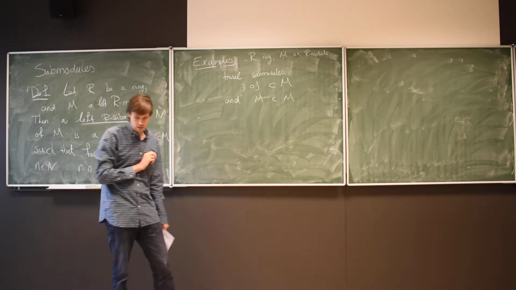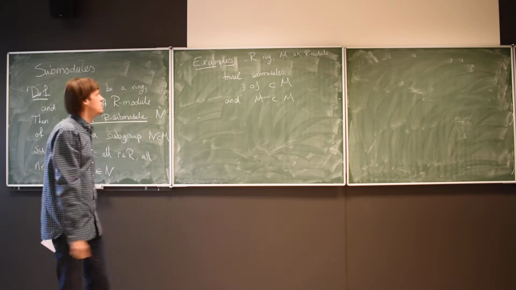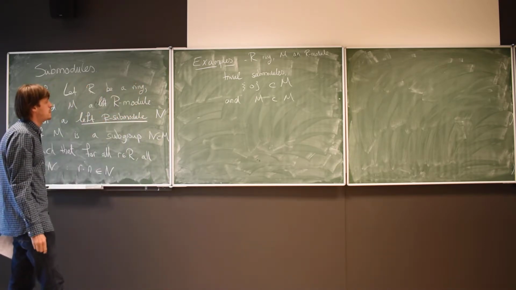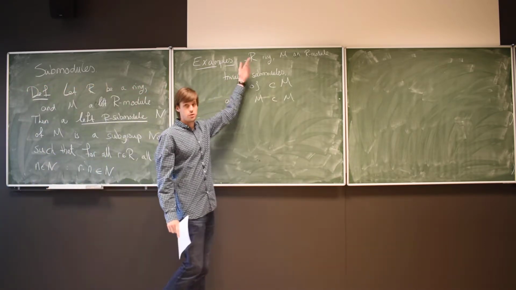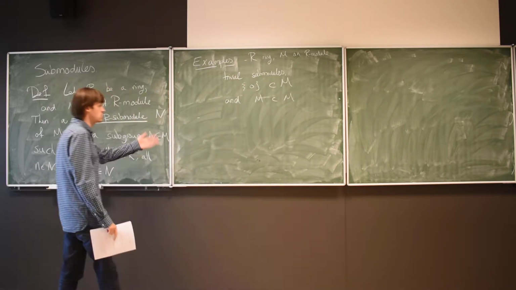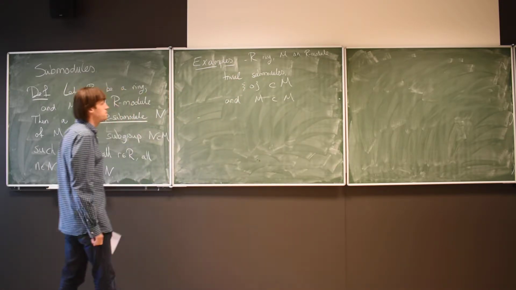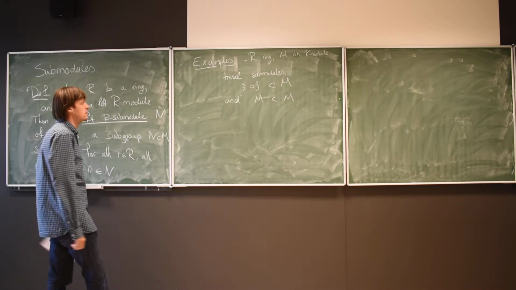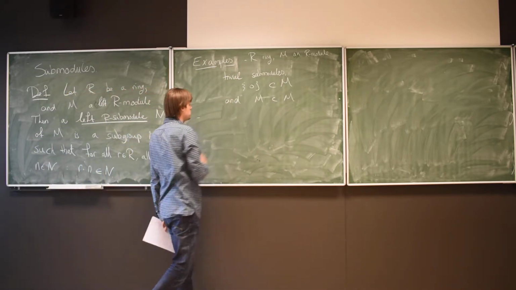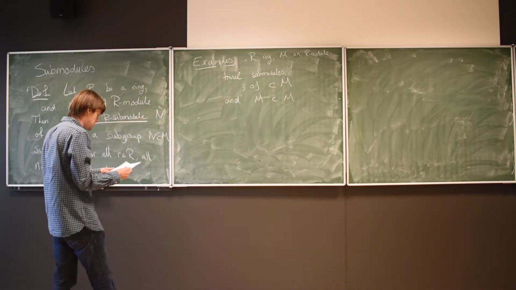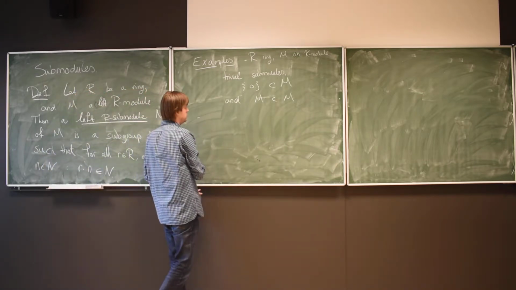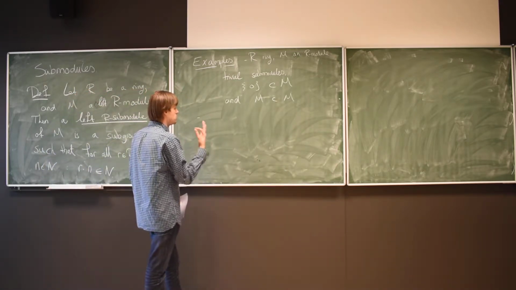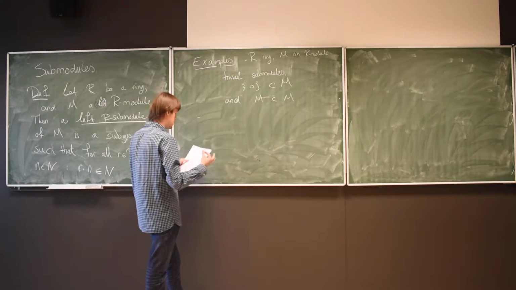Recall in one of the previous videos I said that actually any ring is a module over itself, so you can just use the multiplication of the ring to make the module structure. So if you use this definition, then submodules become ideals.